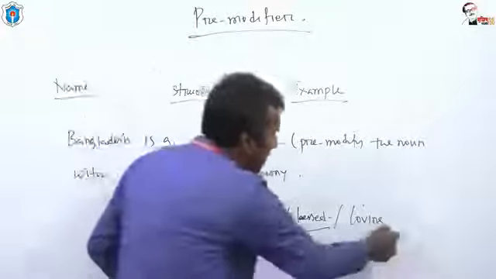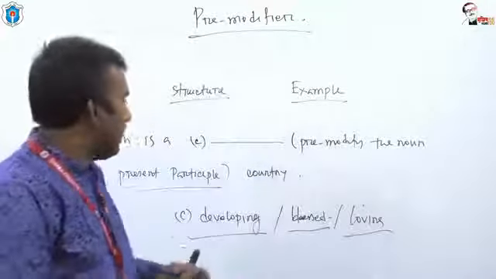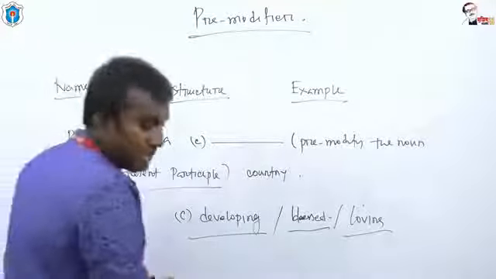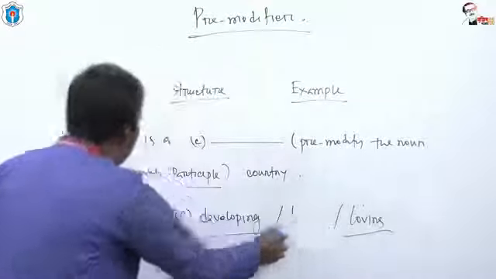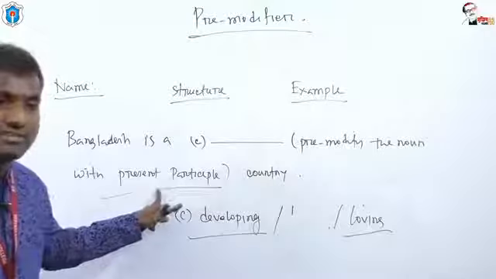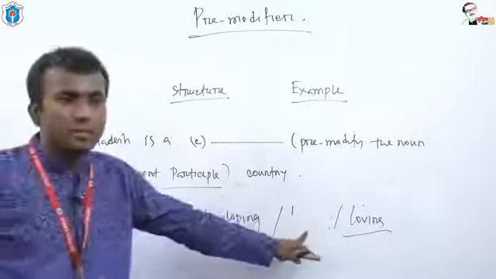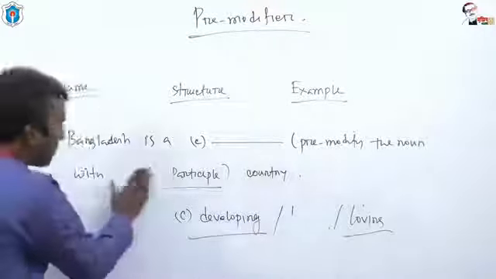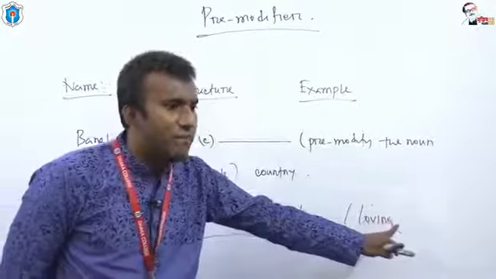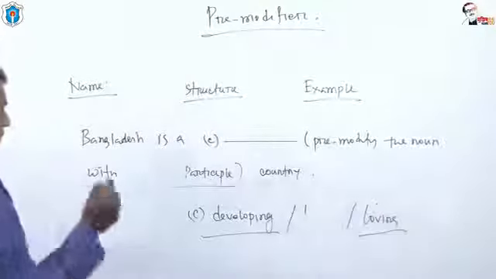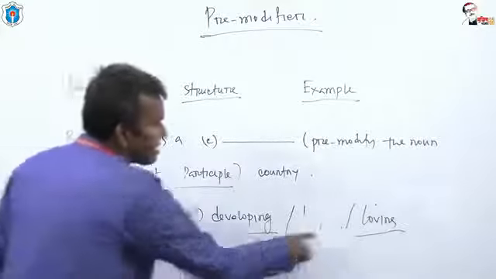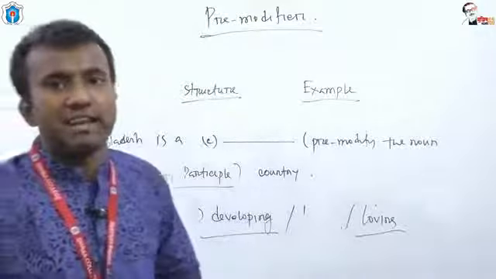Developing is present participle, loving is present participle. If the question is pre-modify the noun with present participle, the answer blessed cannot be taken, because here I have used present participle. Don't use any past participle. If I say pre-modify the noun with participle, developing, blessed, loving, all are appropriate. If I say pre-modify the noun with past participle, only blessed can be taken.